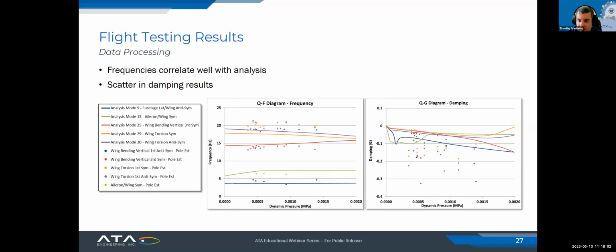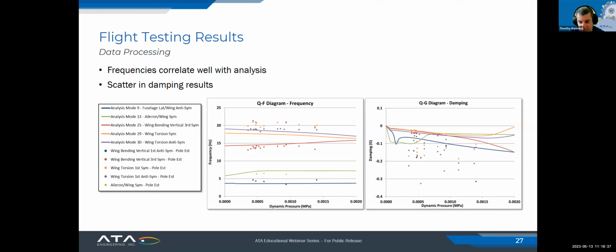Okay. So these modes that were of particular interest range from about 4 hertz to about 19. And as the dynamic pressure increased, the frequencies changed slightly. Because we never got high enough to get to where it gets interesting from an aeroelastic point of view.